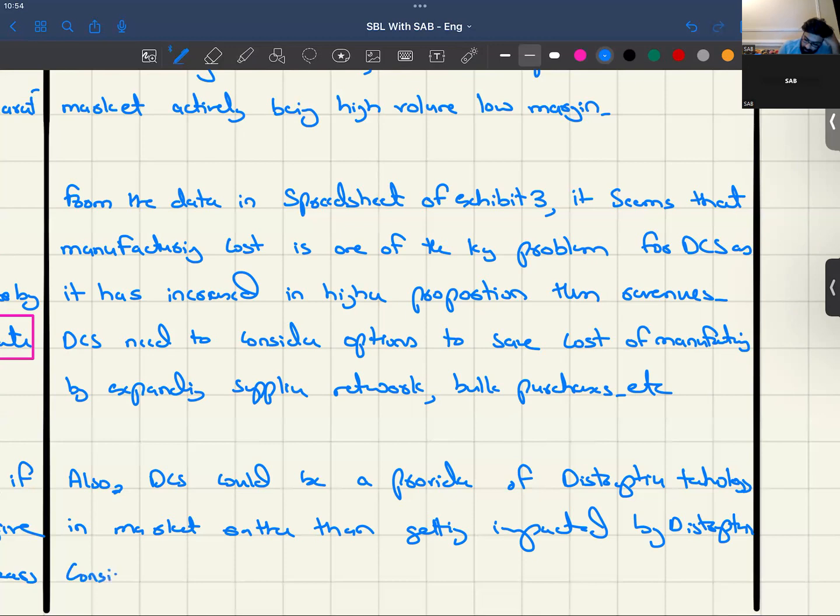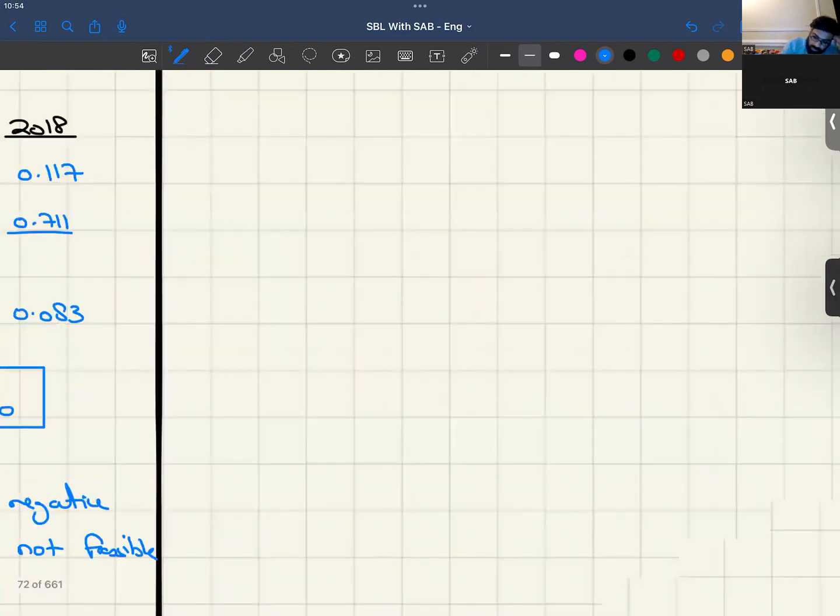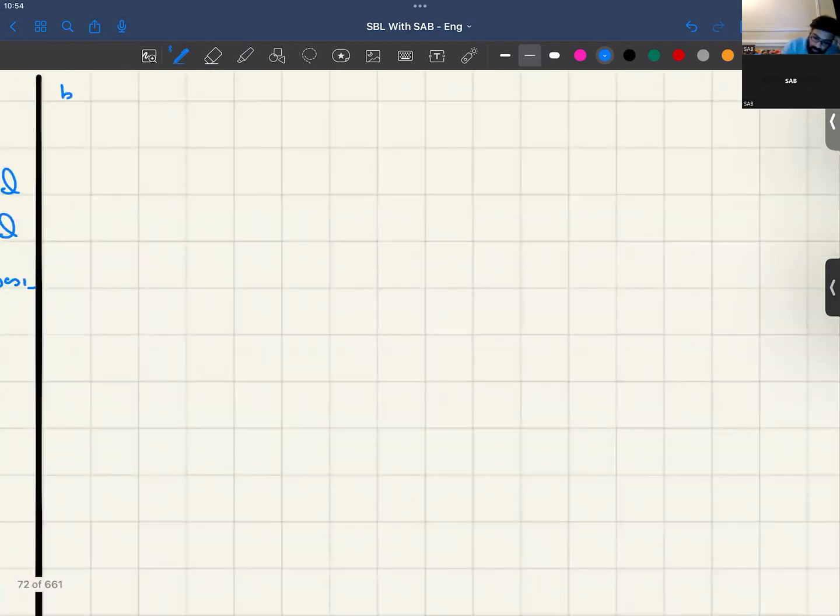Considering big data in its product determination would be allowing DCS to gain competitive advantage, right?